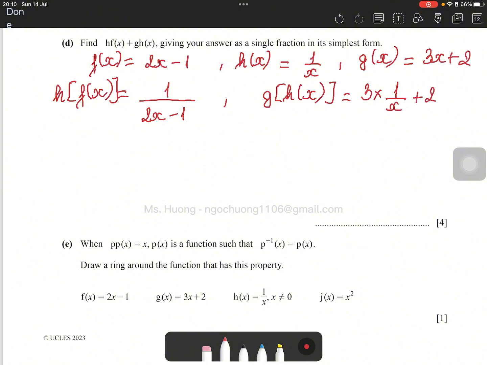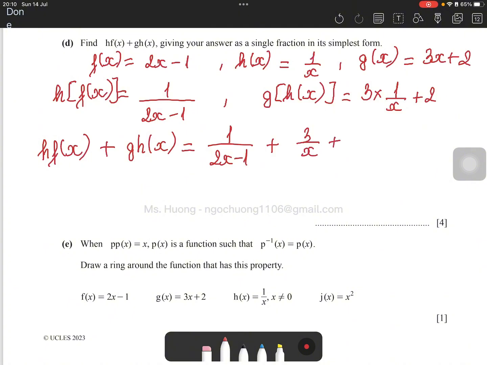So now we'll combine these two together. If I want to add h of f plus g of h, which means I will add 1 over 2x minus 1 plus 3 times 1 over x, which means 3 over x, plus 2. And now we will need to write this as a single fraction in simplest form.